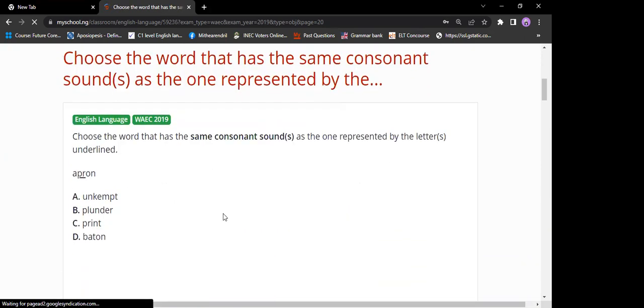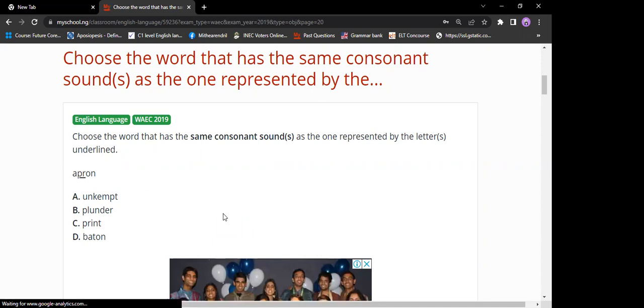We are looking at apron. The first one is unkempt. The second one is plunder. The U there is that vowel sound, the letter V turned upside down, and the ER is the short sound, the letter E turned upside down.